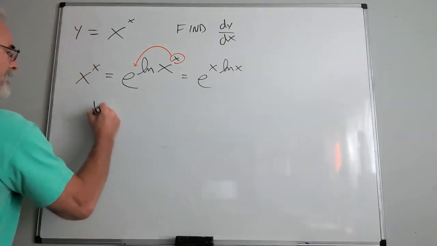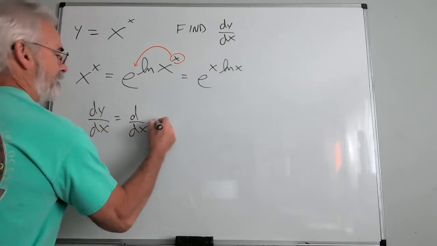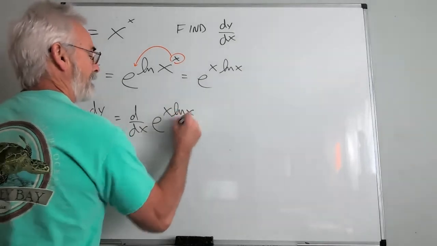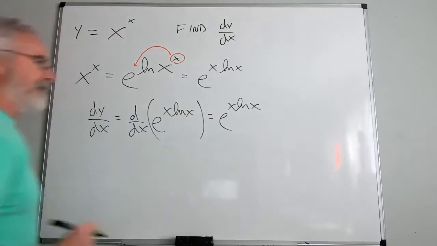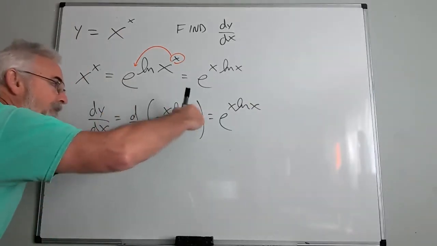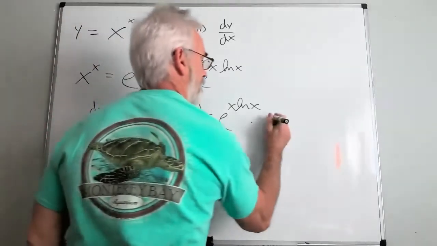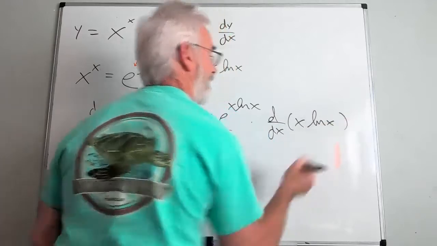So dy dx, which of course would be the derivative of e to the x log x, is just e to the x log x. Oh, okay. Wait a minute, there's another chain rule or something? Times the derivative of this. Okay.